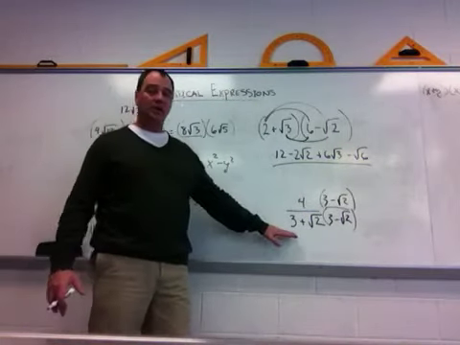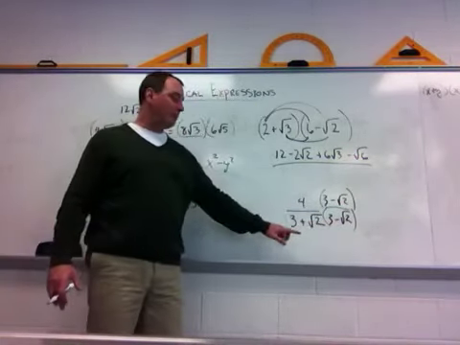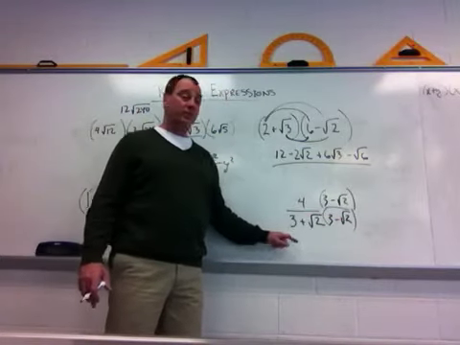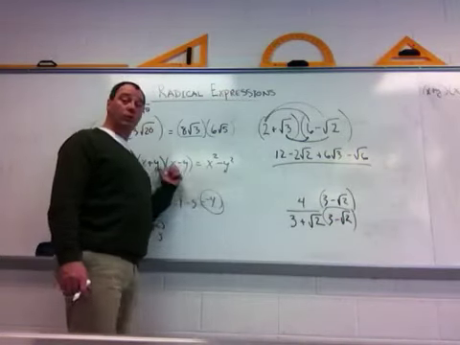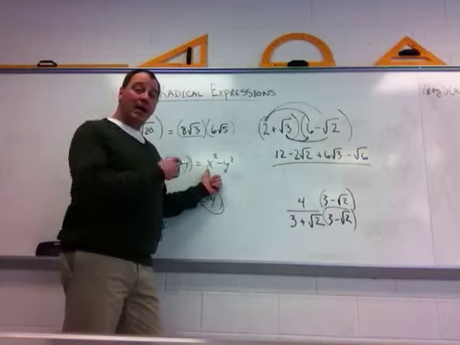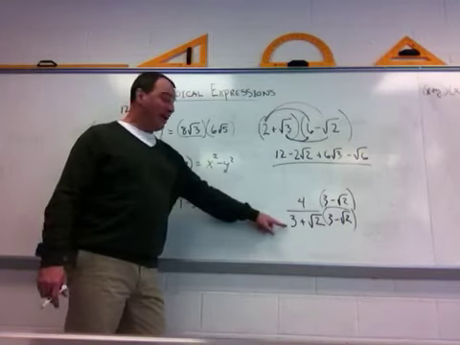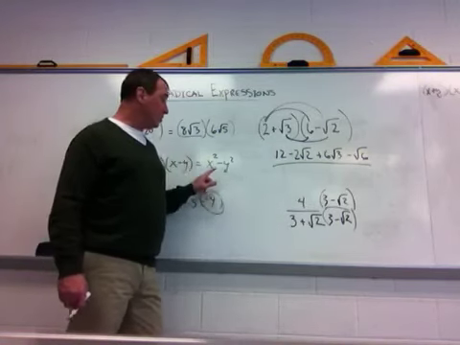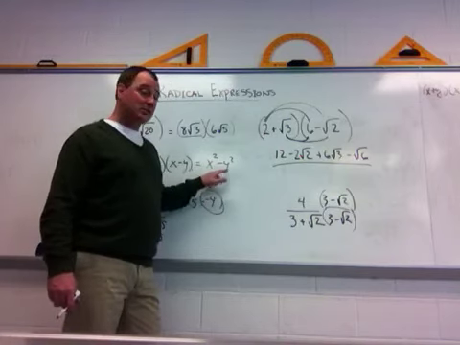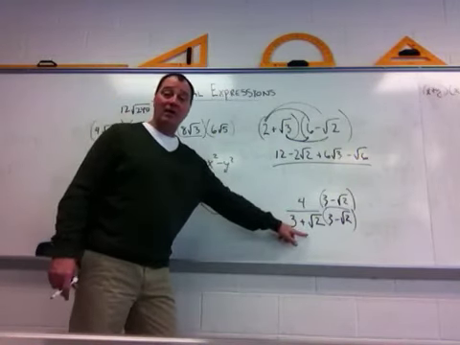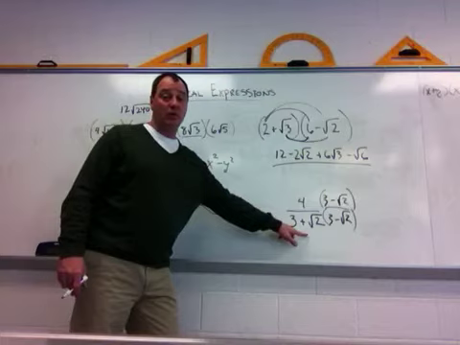Now, if you just focus on the denominator, we have conjugates together. If we apply this rule here, in my problem, my x is 3. So 3 squared minus my y value, the square root of 2.